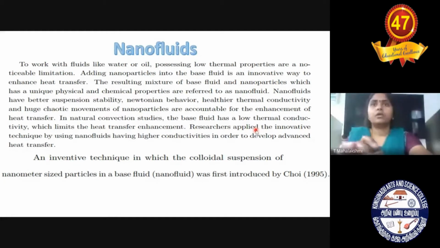So to work with fluids like water or oil, possessing low thermal properties are noticeable limitations. So what you can see here is adding nanoparticles into the base fluid is an innovative way to enhance the heat transfer. The purpose of using the nanofluid is to enhance the heat transfer.